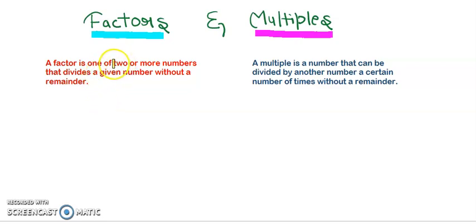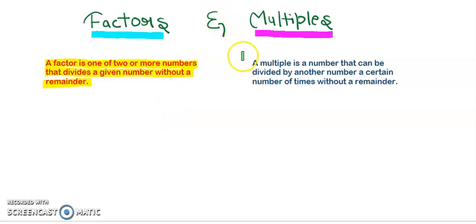That is the meaning of factors. So this is the right definition of the factor. You can see I have highlighted this definition for you: divides a given number without a remainder. That means it never leaves a remainder when it is divided.